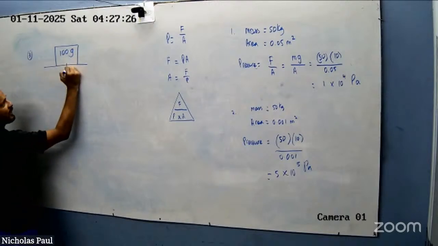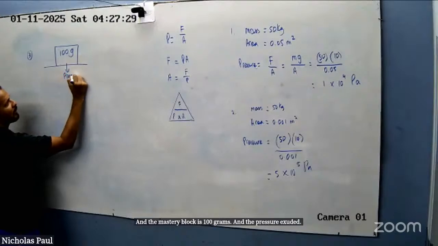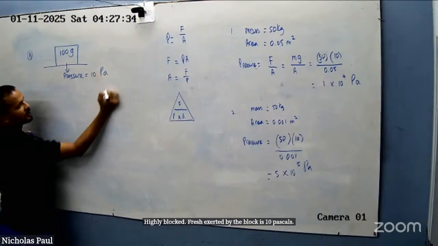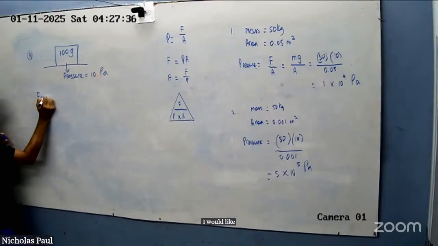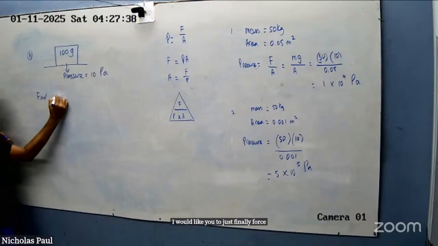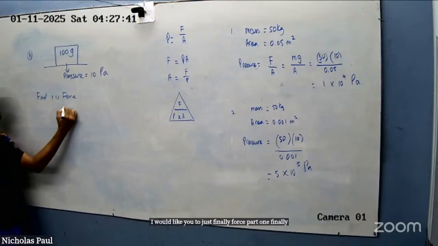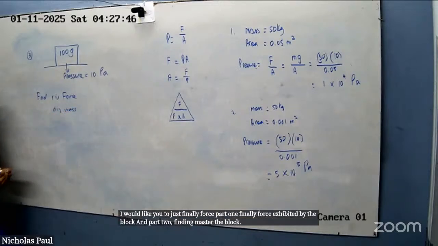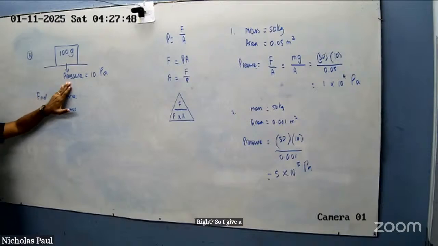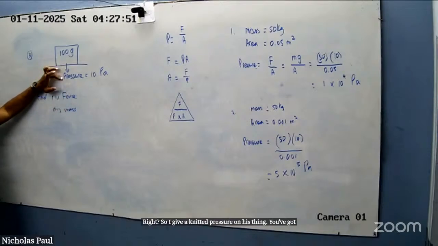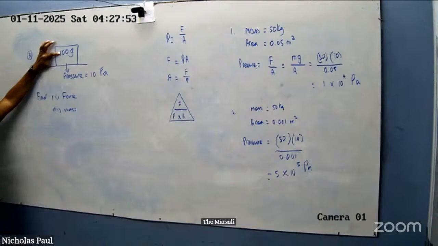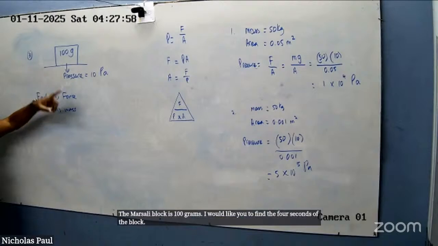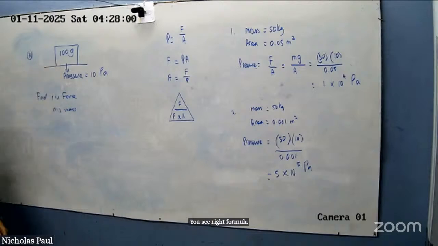And the pressure exerted by the block is 10 pascals. I would like you to find the force. Part 1, find the force exerted by the block. And part 2, find the mass of the block. So I've given you the pressure this time. I would like you to use the right formula.